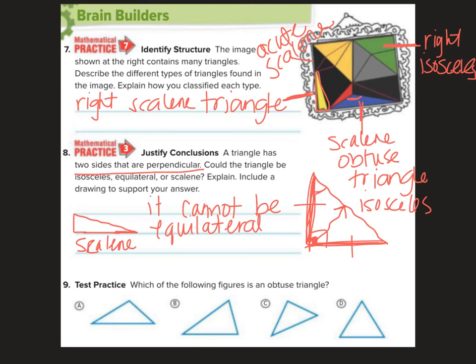So these ones would have to be less than 90. If this was 90, that would mean all of them would have to be 90, and that would not be a triangle. You wouldn't be able to have three 90-degree angles. All right, so number 9, which of the following figures is an obtuse?